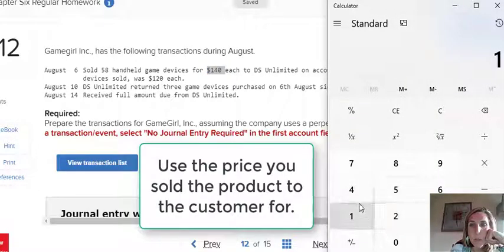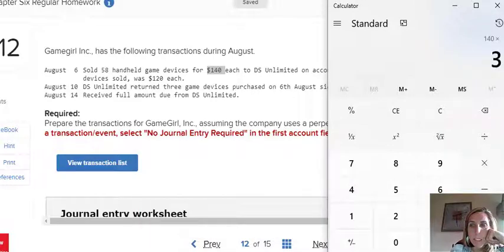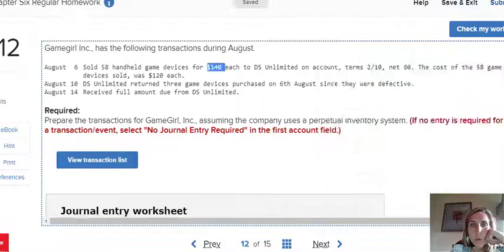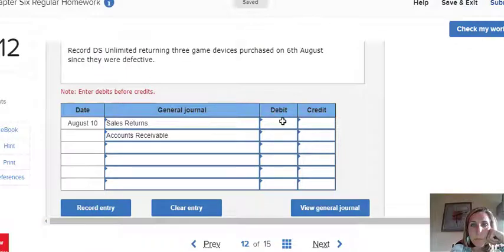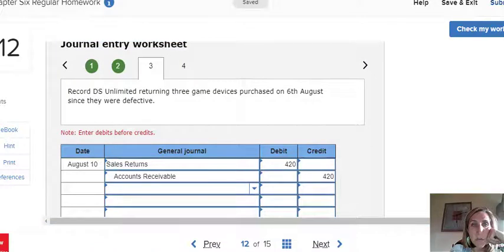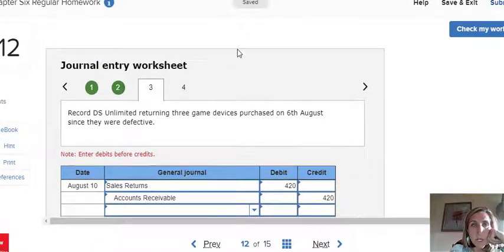So that first value in the problem multiplied by the number of devices that were returned, $420, is a debit to sales return because they're bringing the product back to you, and you're going to credit the accounts receivable to reflect that you're not going to receive payment for those products, the ones that were defective. The customer no longer owes you for that part.